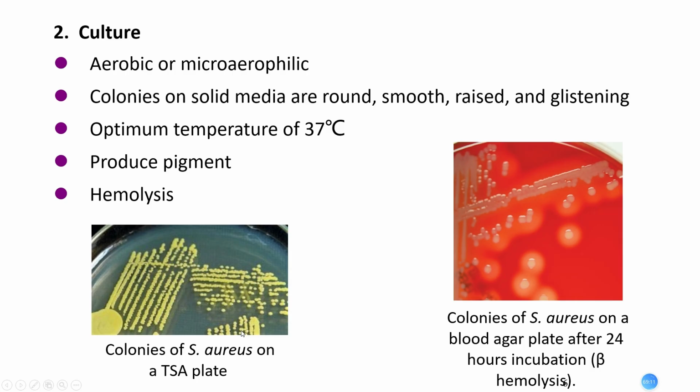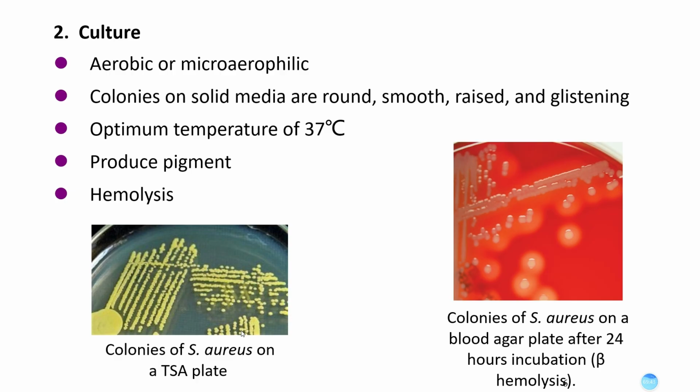When we culture Staphylococcus, here is a method and related information. This bacteria is aerobic or microaerophilic. Do you still remember the meaning of aerobic? They like oxygen, right? Microaerophilic means they prefer a low level of oxygen.